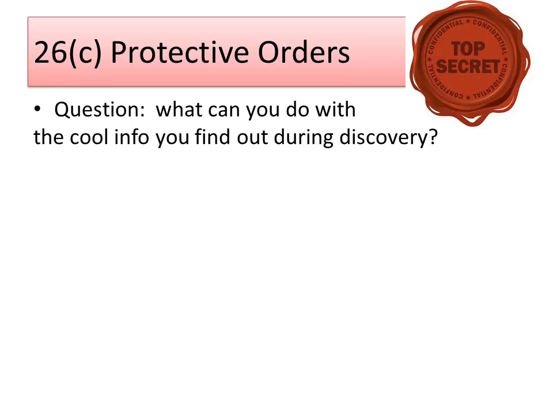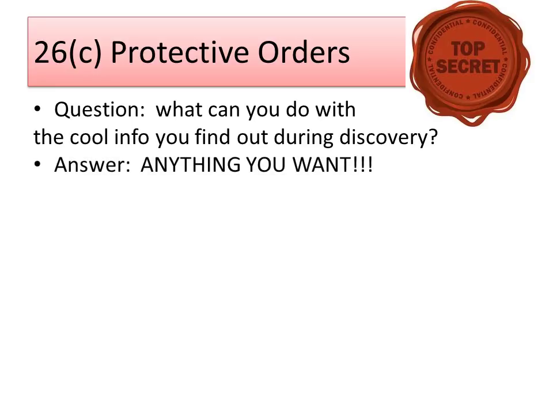What can you do with that information? Answer: anything you want. You can call up the New York Times, you can go on 60 Minutes, you can share the information with other potential litigants. Wow!